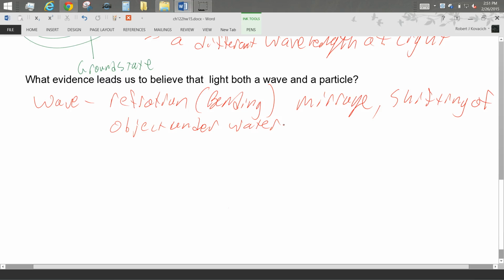So those are both refraction. And then the other, we've got interference.